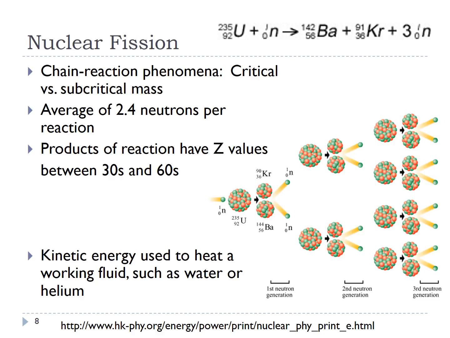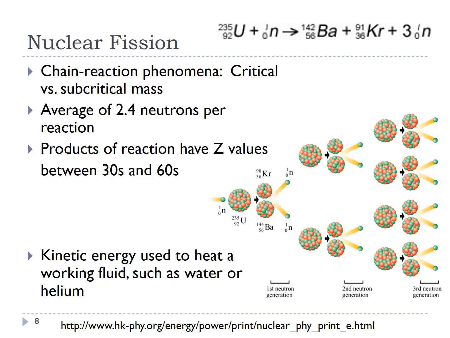Okay, so those products have Z values between about 30 and 60, which means they're still heavier than iron.